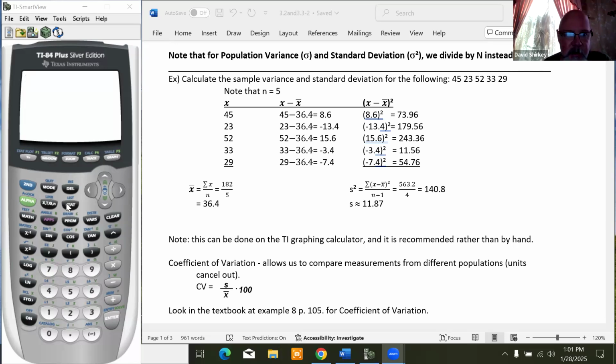So here's my TI-84. I'm going to press Stat. I'm going to press Edit, which is option number 1 under Edit. So you could just press Enter. What we're going to do is enter this data into this first list. So I have my 45, and then I press Enter, 23, press Enter.